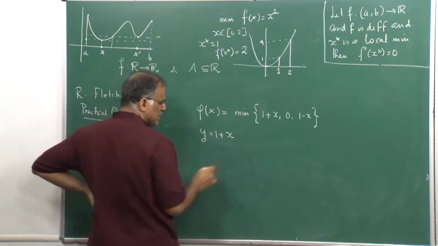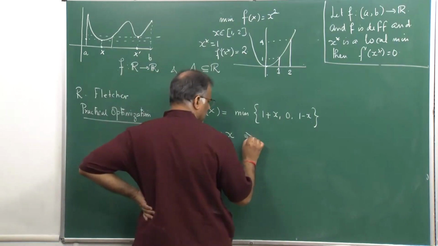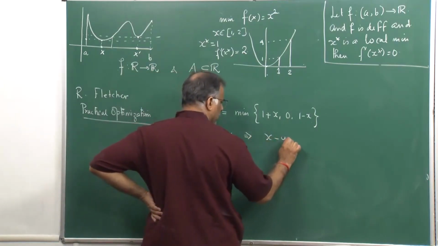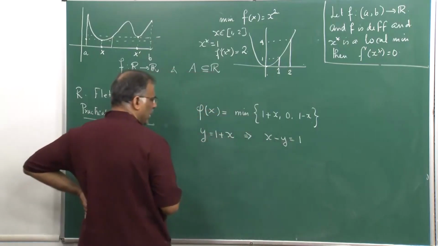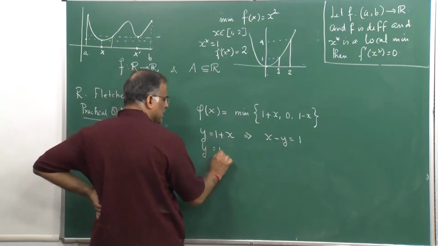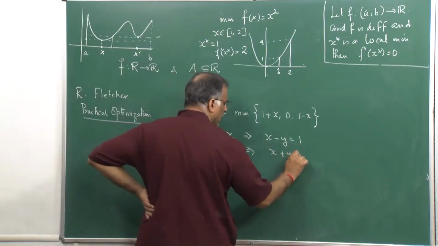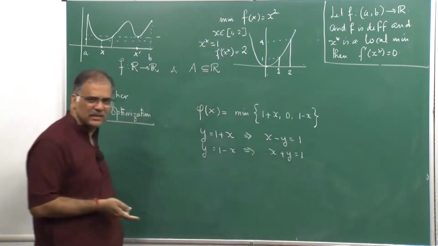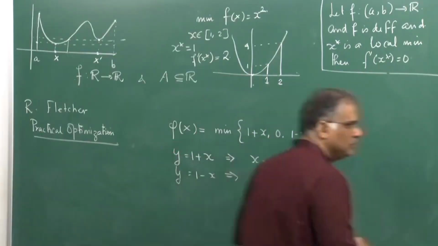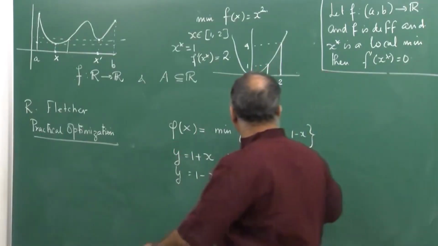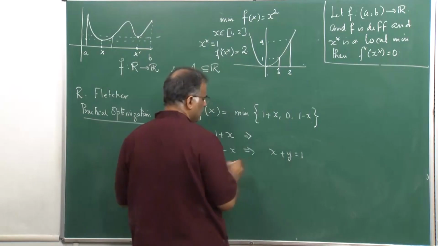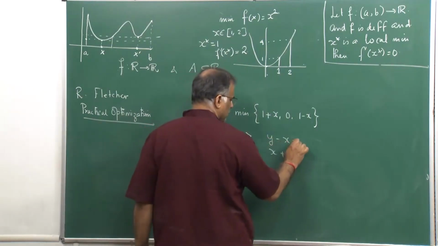It represents the line y minus x equal to 1. And what does y equal to 1 minus x represent? It represents the line x plus y equal to 1, and y equal to 0 represents the x axis.